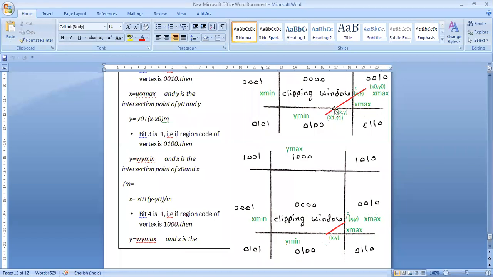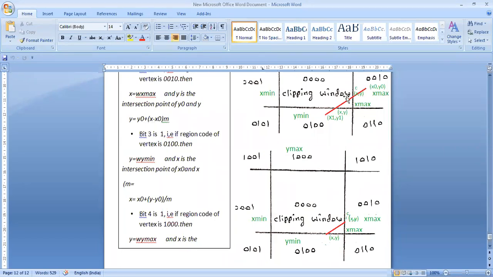If it is below or above, y I can easily get. If it is right side or towards left side, x I can directly get. If it is towards right side, x should become x max. If it is towards left side, x should become x min. And y, how will you calculate? Y you will calculate by y naught plus x minus x naught into m.